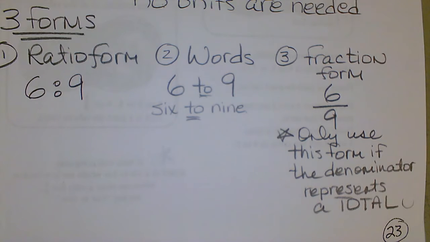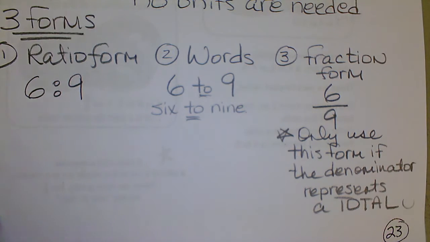I can write it in fraction form. So even though there's those 3 forms for ratios, fraction form isn't always appropriate to write every ratio in. If you're comparing, let's say, in this question, sapsuckers to Orioles, then I would not be able to write it in fraction form.